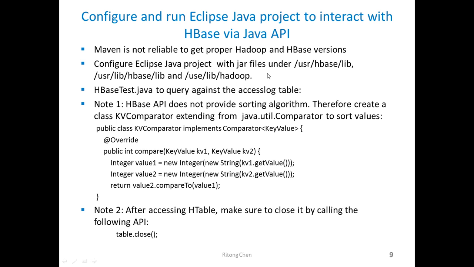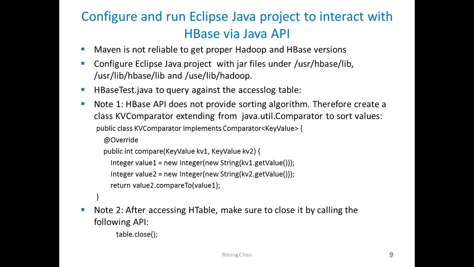So you have these three directories with the Hadoop library and HBase library. This way you can make sure your runtime and compile time jar files are exactly the same, so you won't run into any trouble. This proved to be a very good way to avoid dealing with version problems. I think that's the best way.